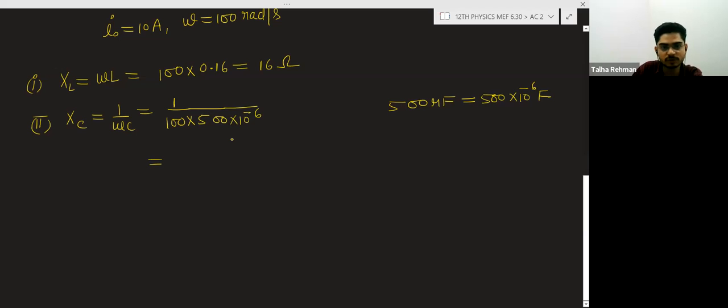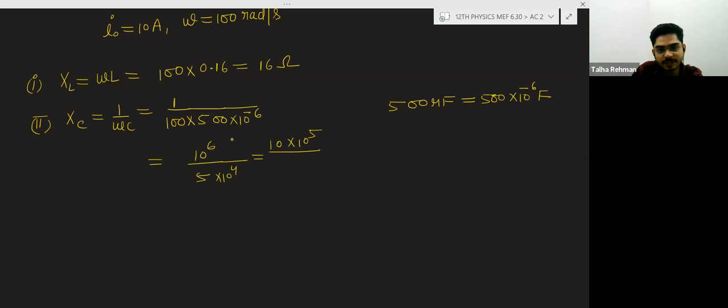Now how will we solve it? This is 10 to the power 6, and this will be in the numerator. This will become 5 into 10 to the power 4. So I can write it as 10 into 10 to the power 5, and it can be written as 5 into 10 to the power 4. This 5 is cancelled with 2, and when you cancel out the 10 to the power 4, you will get 10.